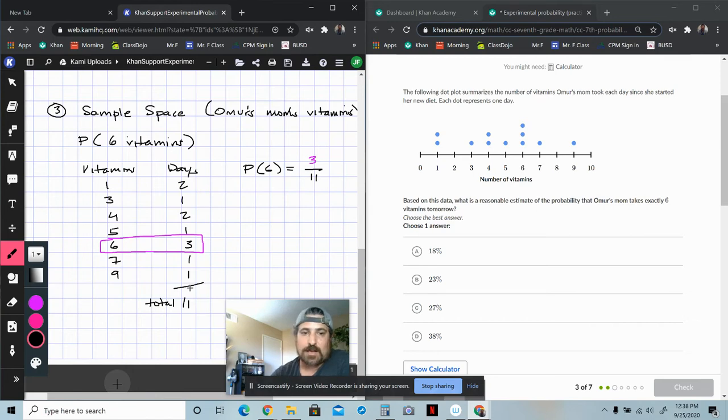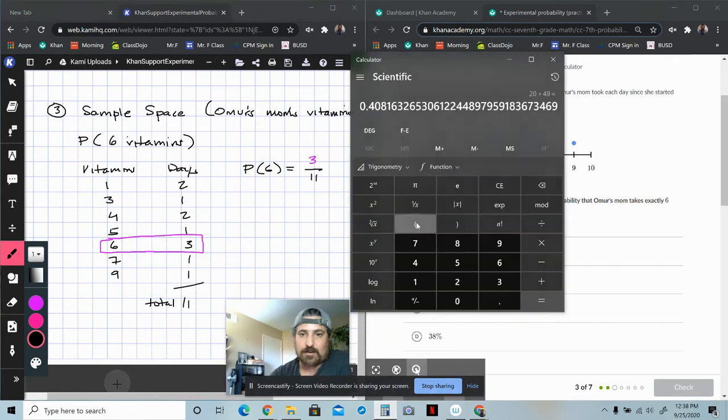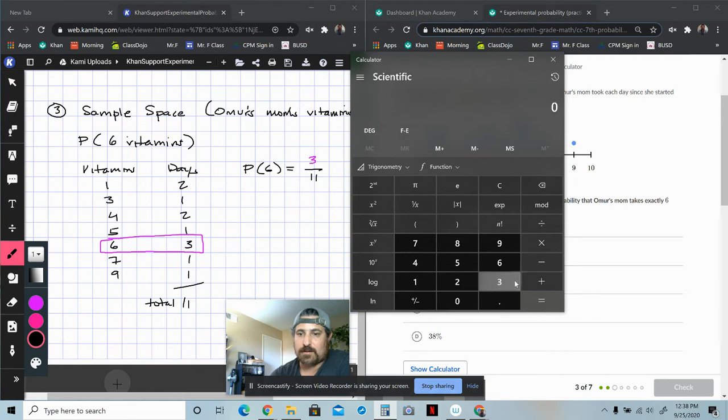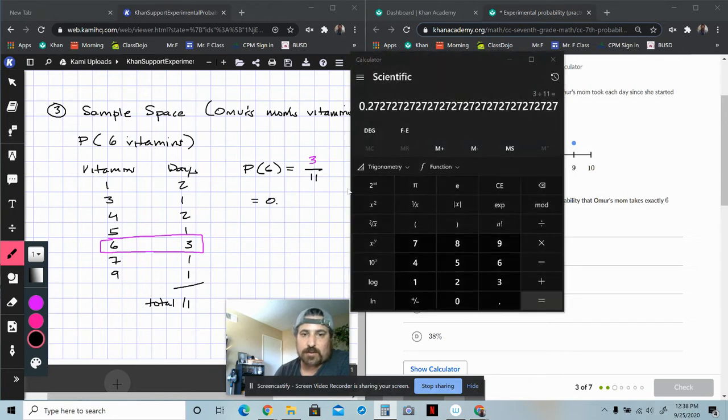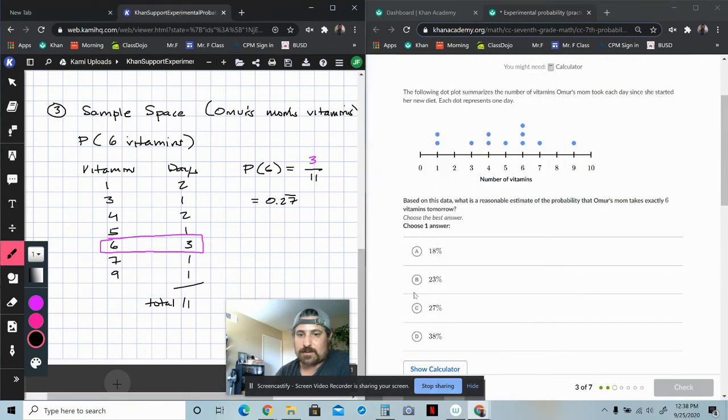Then you're going to take a calculator and go 3 divided by 11. 3 divided by 11 is going to be 0.27272727. So this is the same as 0.27 repeating. And they like you to round it off, it looks like, to the nearest percent.